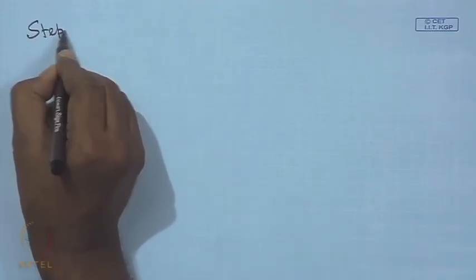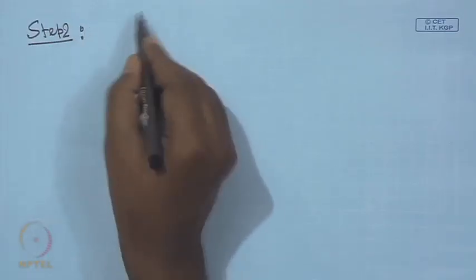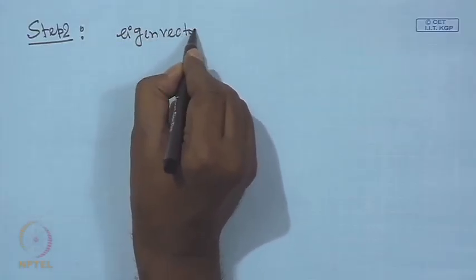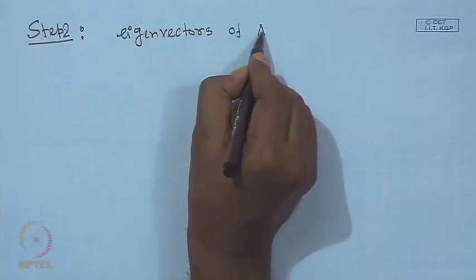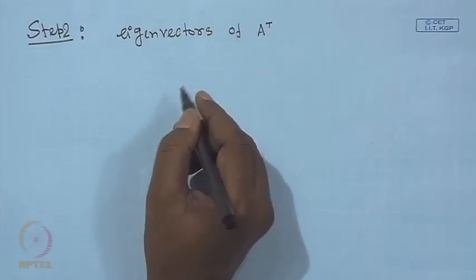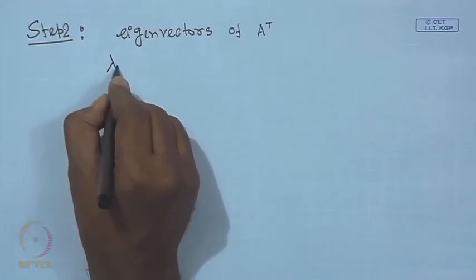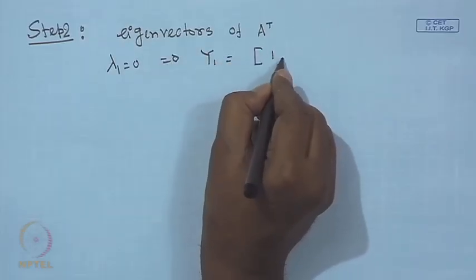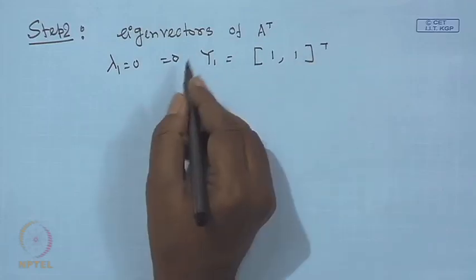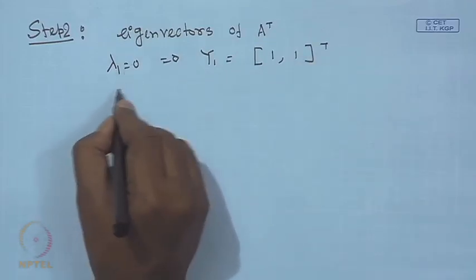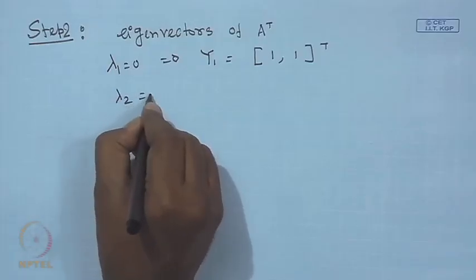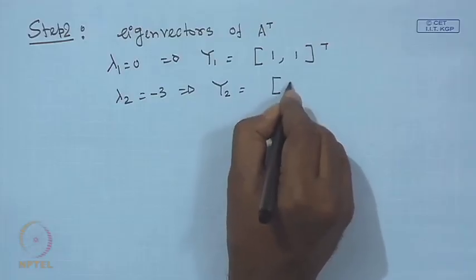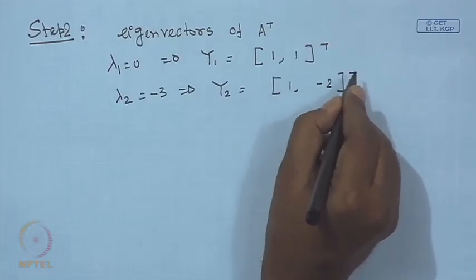Next we evaluate, in step 2, the eigenvalues and eigenvectors of A transpose. The corresponding eigenvectors are, for lambda 1 equal to 0, y 1 is 1 1 transpose, and for lambda 2 equal to minus 3, y 2 is 1 minus 2 transpose.